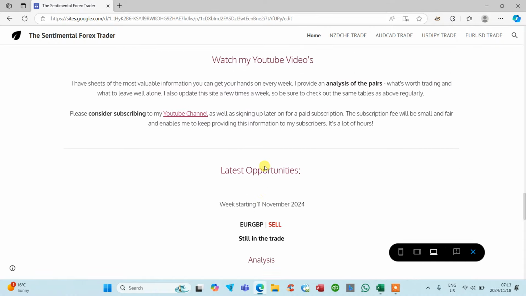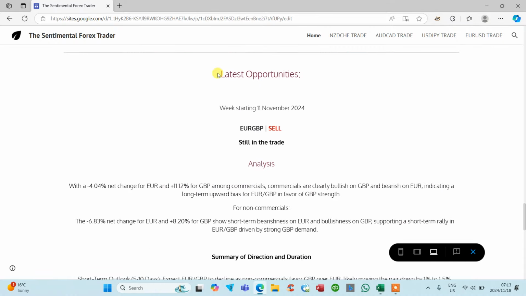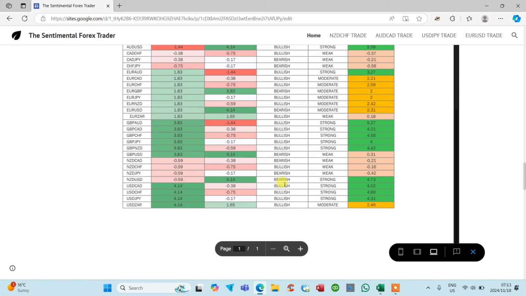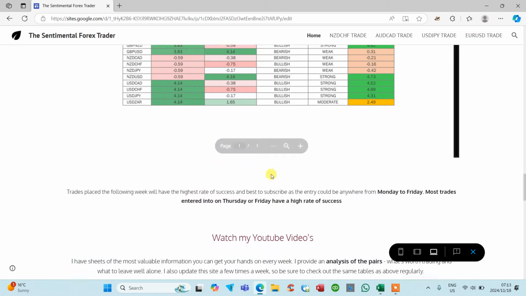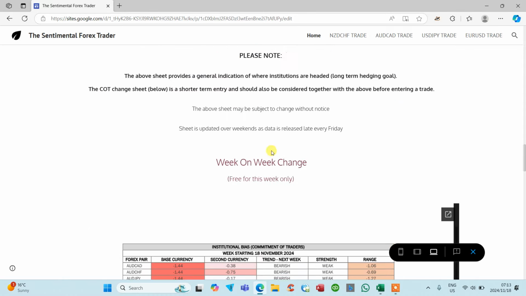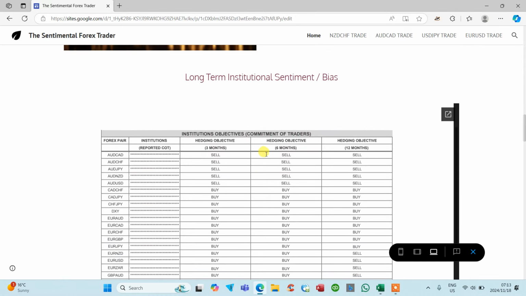Okay, guys, every now and again, I post opportunities. This sheet this week is freely available for this week only. Usually it's to subscribers only, and this also to subscribers only.